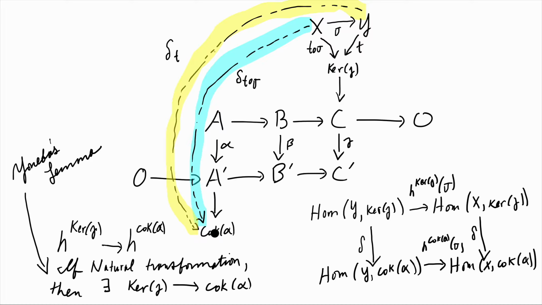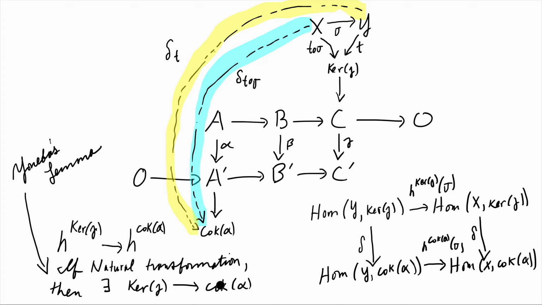So we're going to establish a natural transformation, and this natural transformation will give a couple things. One, it'll actually give a nice set map between generalized elements of the kernel of gamma to the co-kernel of alpha.